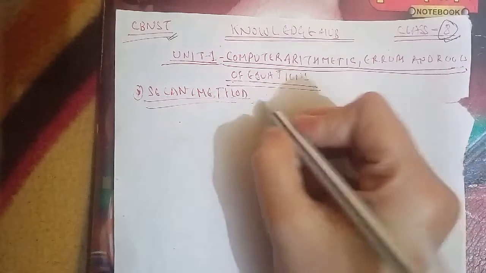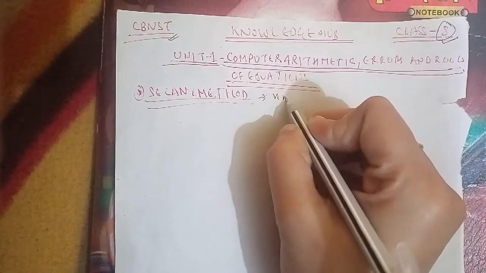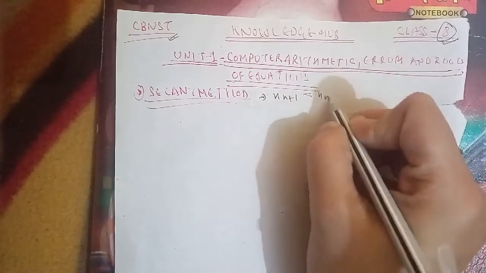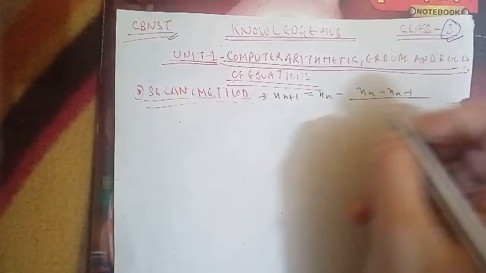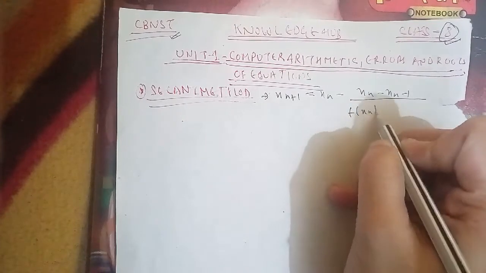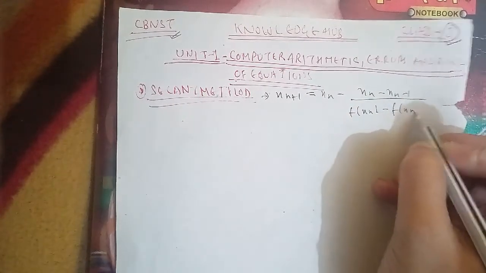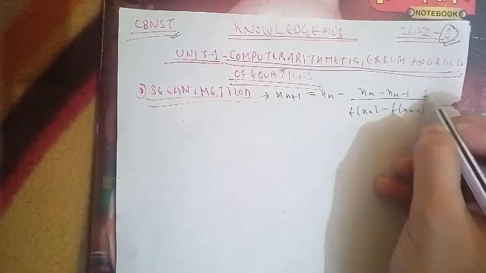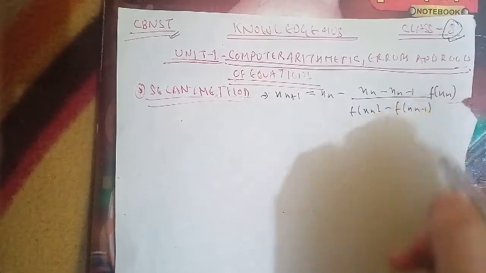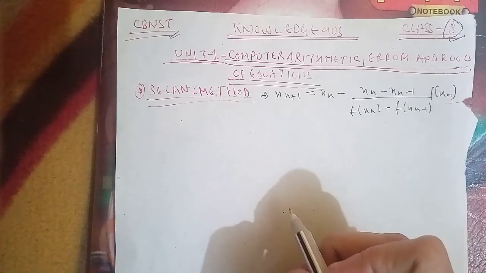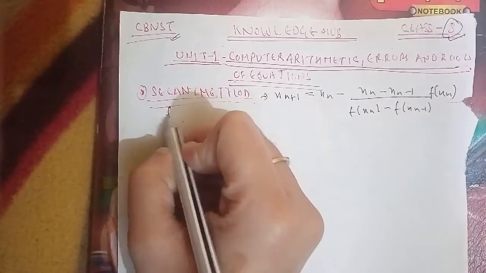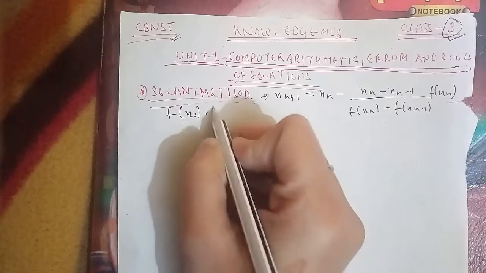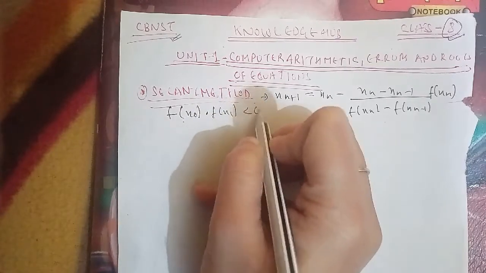For the second method, the formula we have for the same is x(n+1) equals x(n) minus [x(n) minus x(n-1)] upon [f(xn) minus f(xn-1)] times f(xn). The initial interval x0, x1 must be given, or it can be selected such that f(x0) times f(x1) is less than 0.